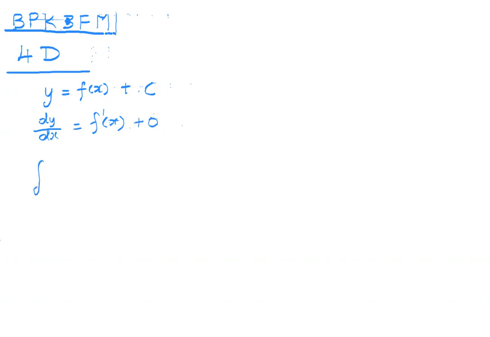So if I integrate f prime x plus 0 dx, I will get back my f(x) plus c, am I right? That is the reason why every time you do integration, you have to plus c: the derivative of a constant is 0. So to any function, I can just add 0. It will not change the value of the function. You get me? Is there any question in exercise 4D that you want me to show?